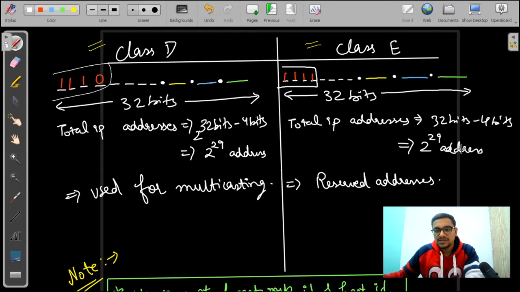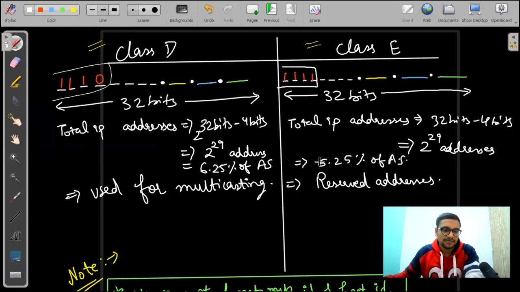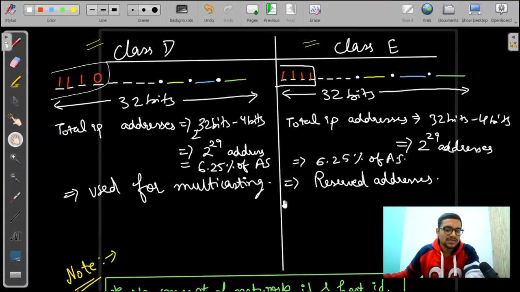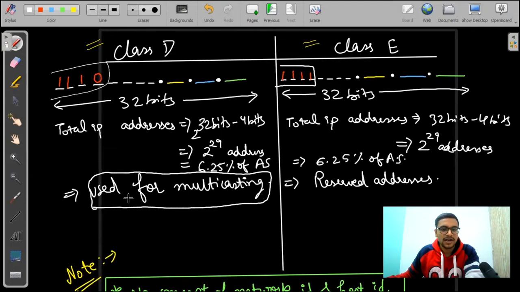These addresses are equal to 6.25% of the address space, and it will be the same for class E as well, which is 6.25% of the address space of the IPv4 protocol. Moving on, we generally use class D addresses for multicasting purposes.